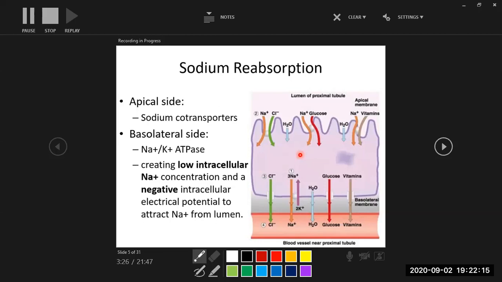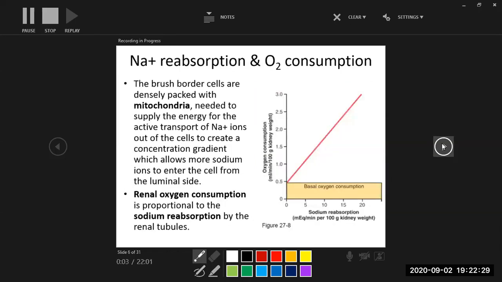Basically the driving force is the sodium potassium ATPase located on the basolateral side. These brush border epithelium cells have a lot of mitochondria, because they need to work very hard to pump all this sodium back to our body. That is why these cells require a lot of energy.